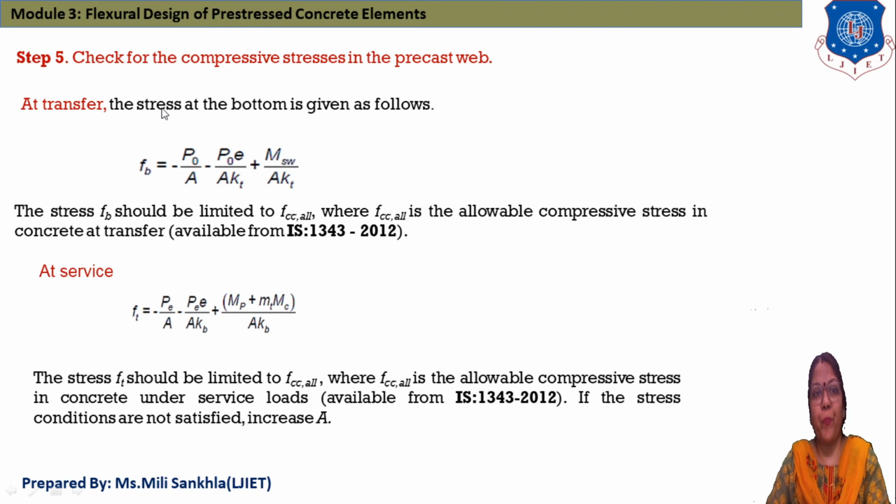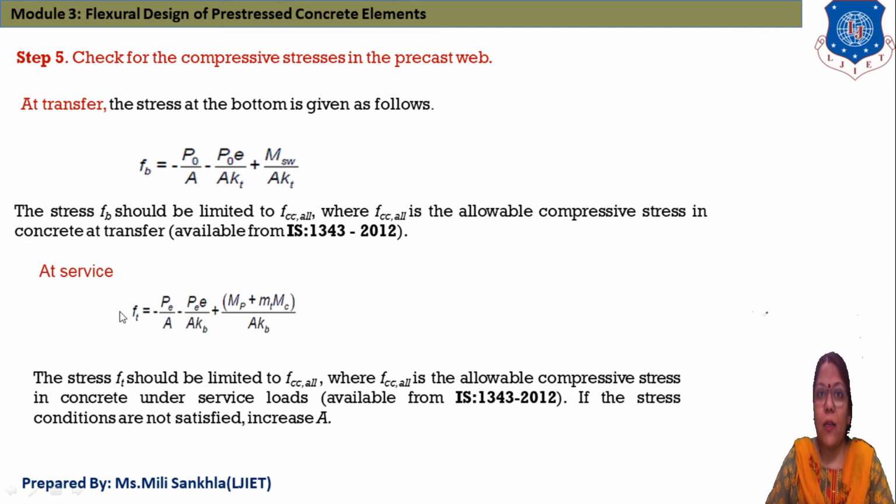Now step number 5, we check the compressive stresses in the precast web, first at the transfer condition and second at the service condition. At the transfer condition, the stress at the bottom FB is given by minus PO by A minus PO E divided by AKT plus MSW divided by AKT. A is the area of the precast web. Stress FB should be limited to the allowable compressive stress, where FCC all is the allowable compressive stress in concrete at transfer, and it is given in our code IS 1343:2012.